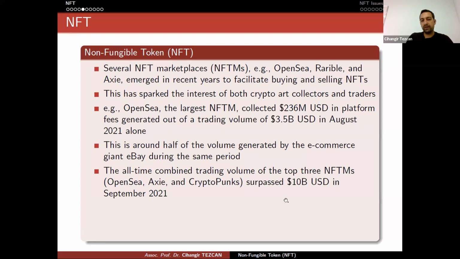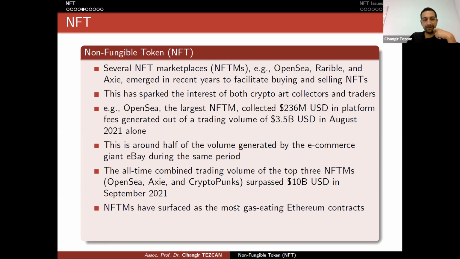The all-time combined trading volume of the top three NFT marketplaces, OpenSea, Axie, and CryptoPunks, surpassed $10 billion in September 2021. Okay, and since September 2021, a lot of NFTs are sold again and again.